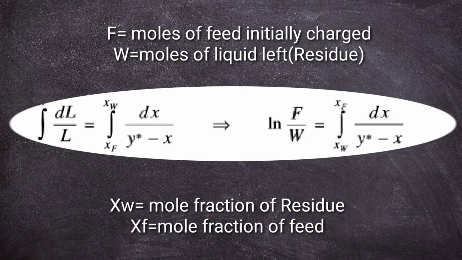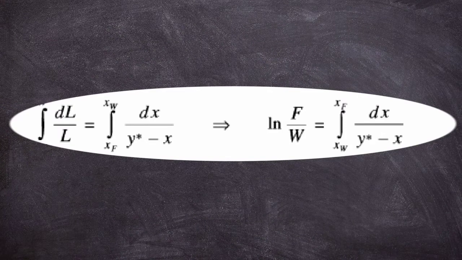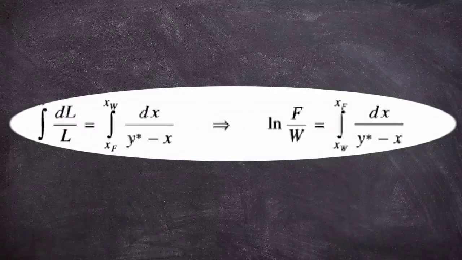Here we did not talk about the product purity, which is very important. We only talk about the liquid left and the feed initially charged. F is the feed initially charged, and W is the feed left after the distillation is over, and xW and xF are their mole fractions.